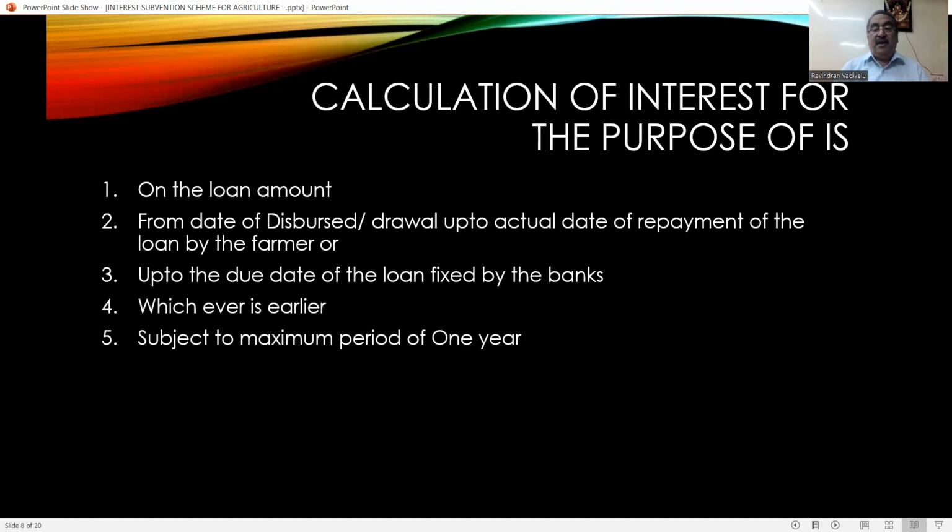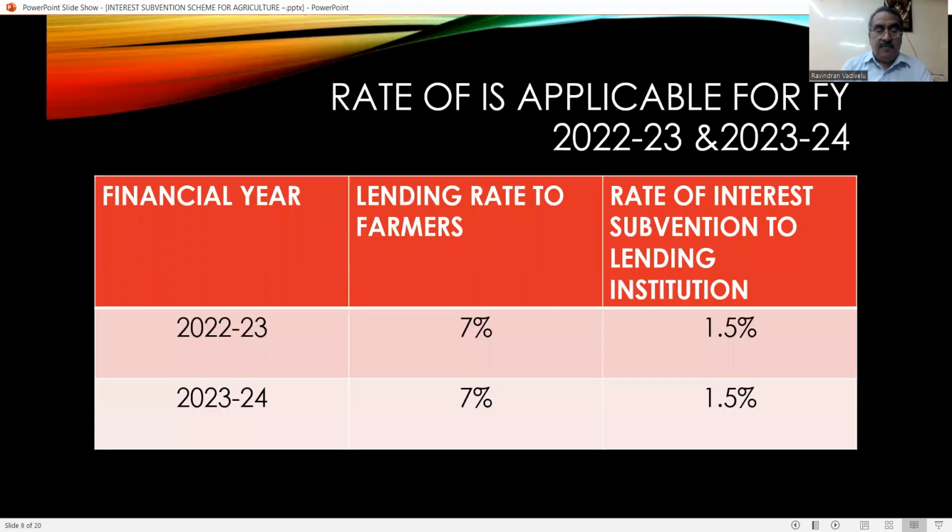So beyond which that party is not eligible to get the IS, whether the loan is being repaid or not. So the maximum period is 1 year, whether you repay the loan or not. Only when you give the prompt repayment, you are eligible for the additional subvention. But when you have not paid on time, you are eligible to get the basic interest subvention.